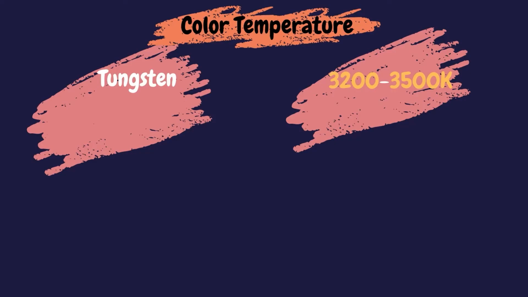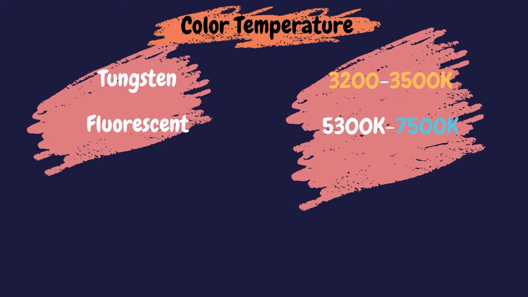Now, let us study the color temperature of some indoor lighting. Tungsten, which is yellowish, then you have fluorescent, which ranges from white to blue. Sometimes you might get some greenish fluorescent also. In fact, your household fluorescent light may be slightly greenish also.